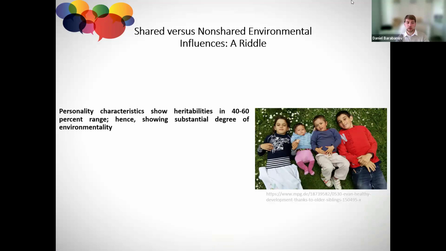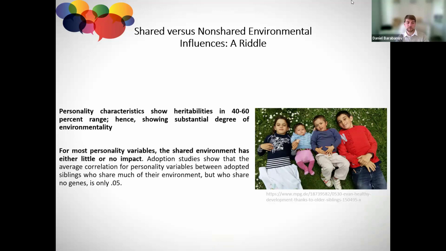So personality characteristics show heritabilities in the range of 40, 50, 60%, as we discussed before, showing thus a substantial degree of environmentality, right? So it's almost equal to heritability. For most personality variables the shared environment has either little or no impact.